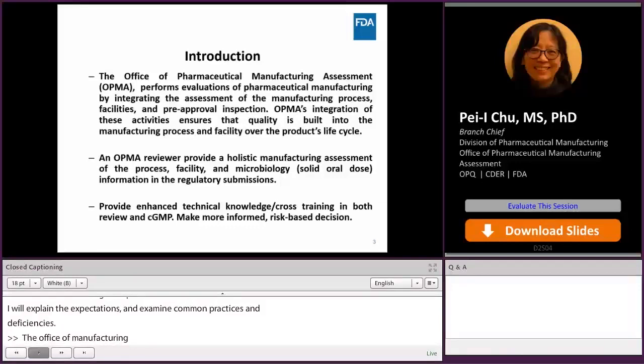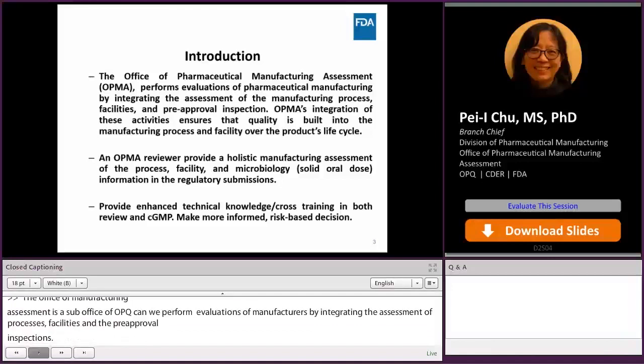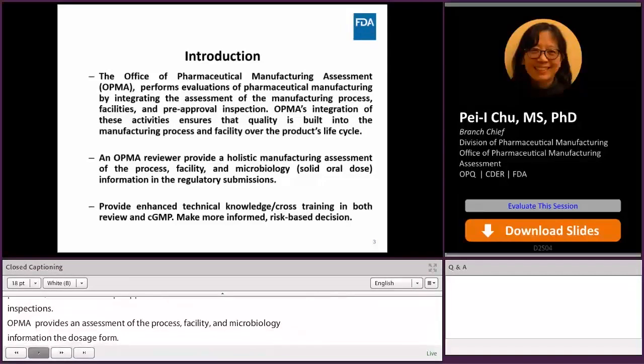An OPMA reviewer provides a holistic manufacturing assessment of the process, facility, and microbiology information for solid oral dosage forms. In this way, a more informed and risk-based decision can be made.